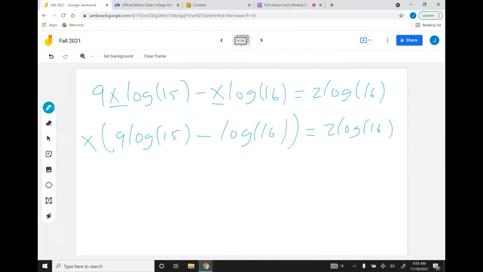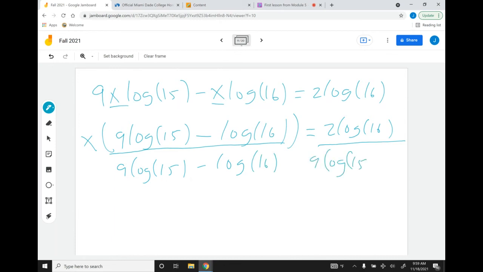One more step and we're done. We're just going to divide by this, and we do that on both sides. A lot of writing. Minus log of 16. So this is what x is.